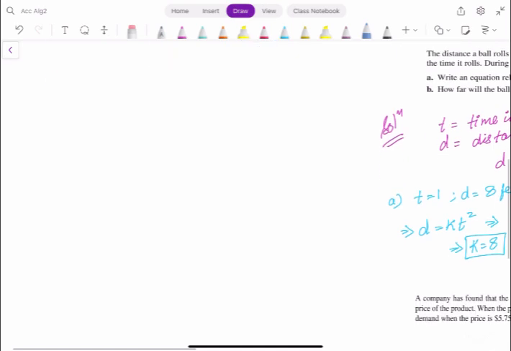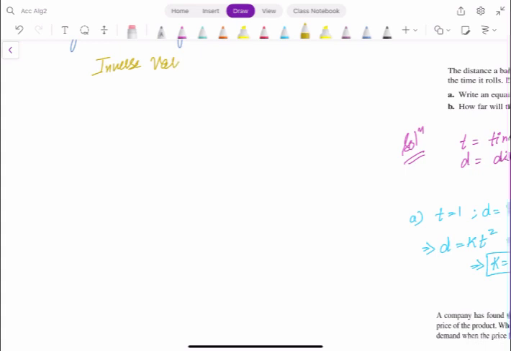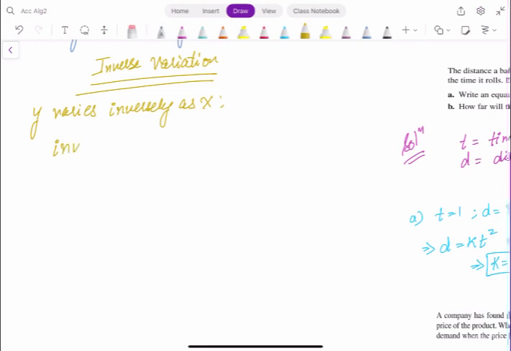Right? Now let's talk about inverse variation. In direct variation, we talked about the product, right? So if we follow the same pattern, inverse variation is in the quotient format. What it means is that y will vary inversely as x, or we can say inversely proportional to x.